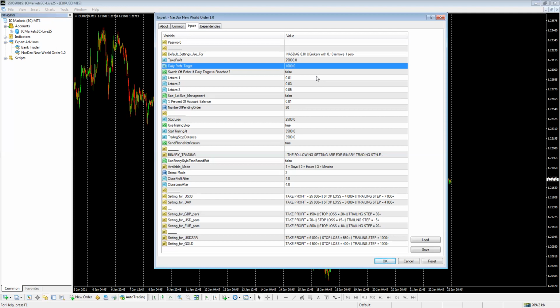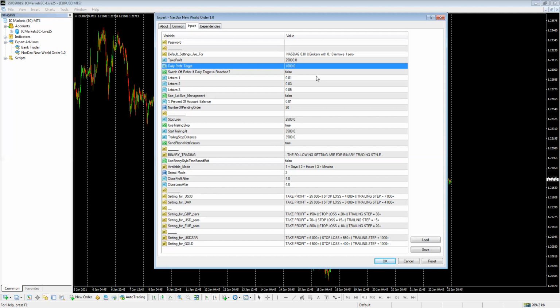But if you are trading NasDaq with a different broker, like Hot Forex, or IC Market, or FX Pro. FX Pro has both 0.01 and 0.10, but I'm referring now to 0.10.